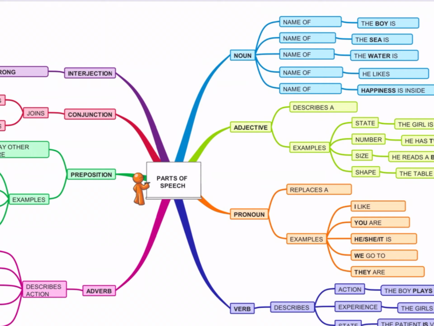Nouns can also be animals like dogs, cats, or it could be a thing like watch, pen, t-shirt, etc. Or it could be a feeling, such as happiness, or love, or angry. Those are all nouns.